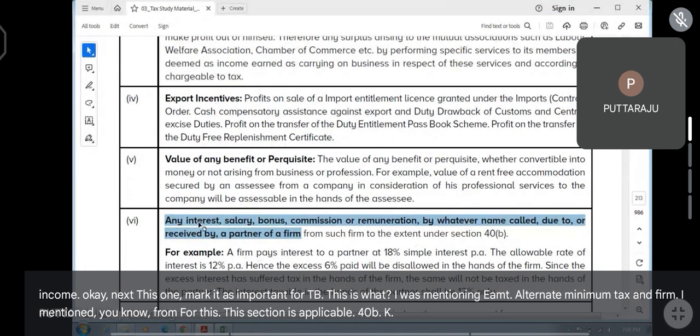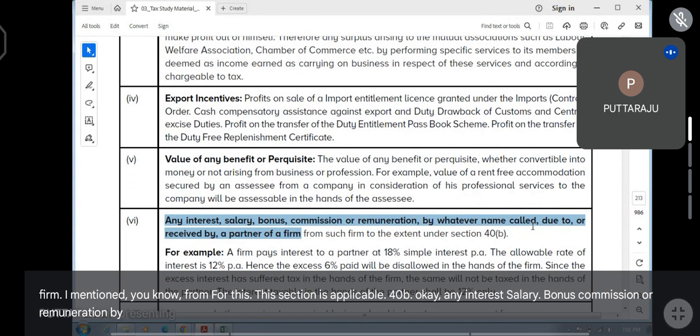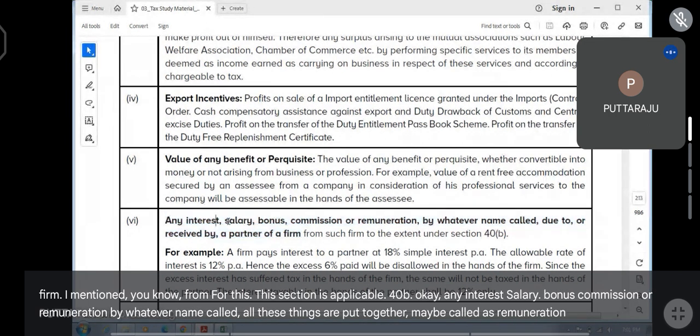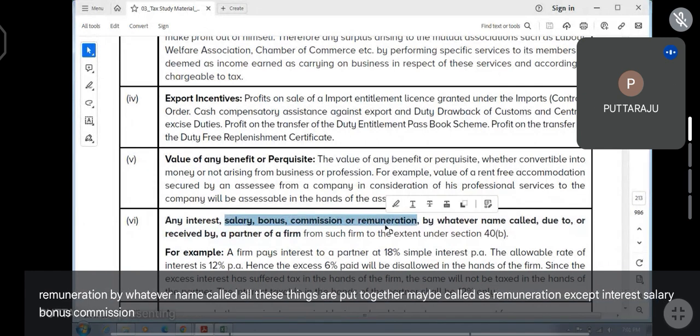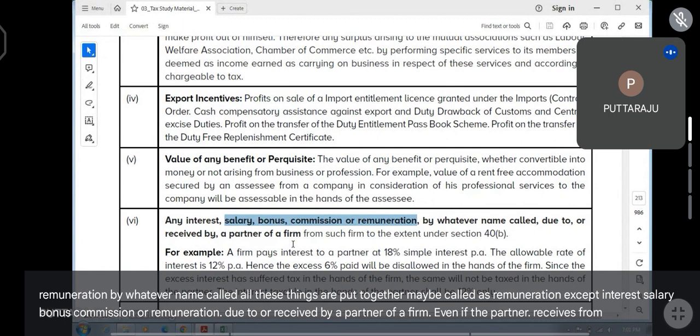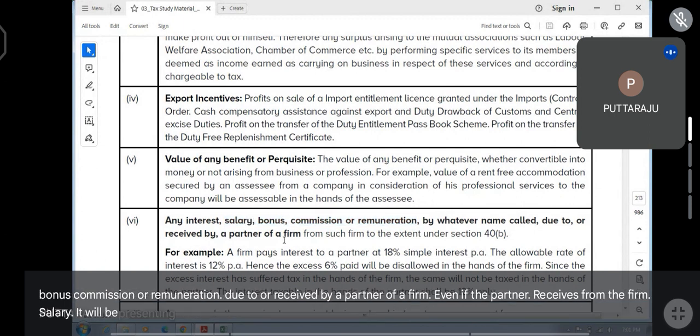Any interest, salary, bonus, commission or remuneration, by whatever name called, all these things put together may be called remuneration, due to or received by a partner of a firm. Even if the partner receives salary from the firm, it will be taxable under the head business. It will not be taxed under the head salary.